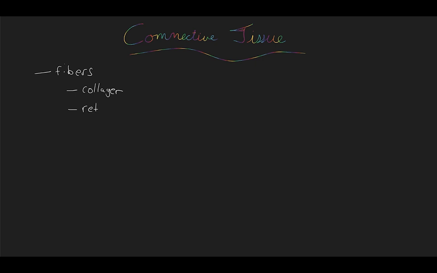There are reticular fibers, and reticular fibers are very unique because they tend to be branched like this. Okay, and there are elastic fibers, and elastic fibers are usually wavy like this. They contain the protein elastin, which gives elasticity, the ability to stretch and then recoil some.